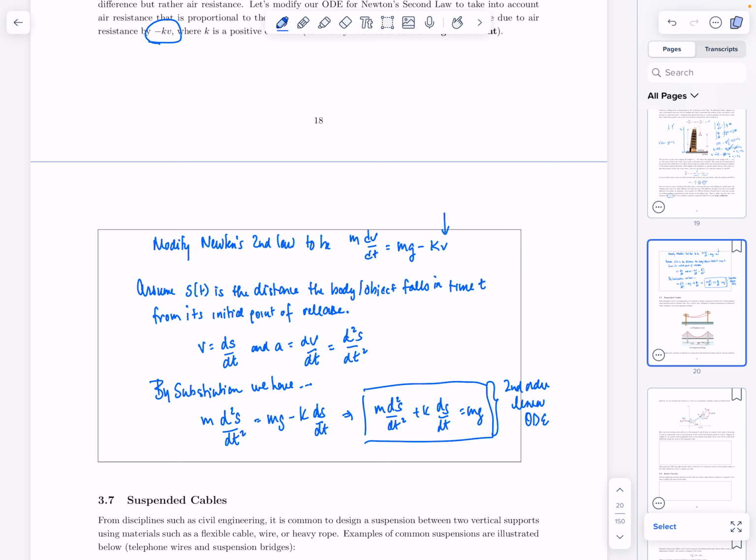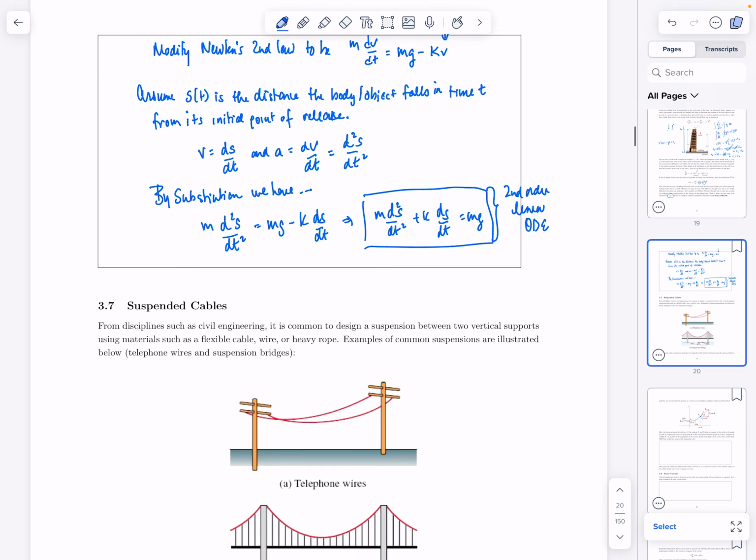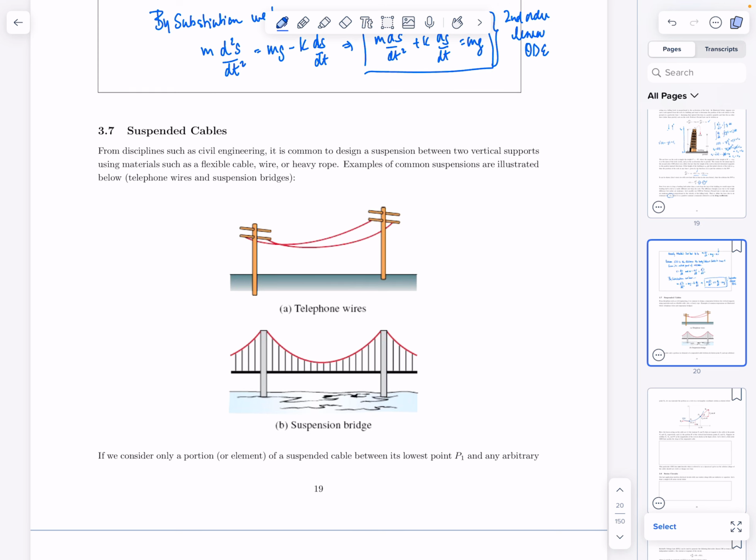Let's look at another nice example in suspended cables. This comes more from civil engineering, where you're looking at keeping a cable nice and stable as if it's suspended between supports, vertical supports like a telephone wire or suspension bridge. And what we're really interested in is how it sags or hangs at its lowest point. Okay, that's what we're interested in here.